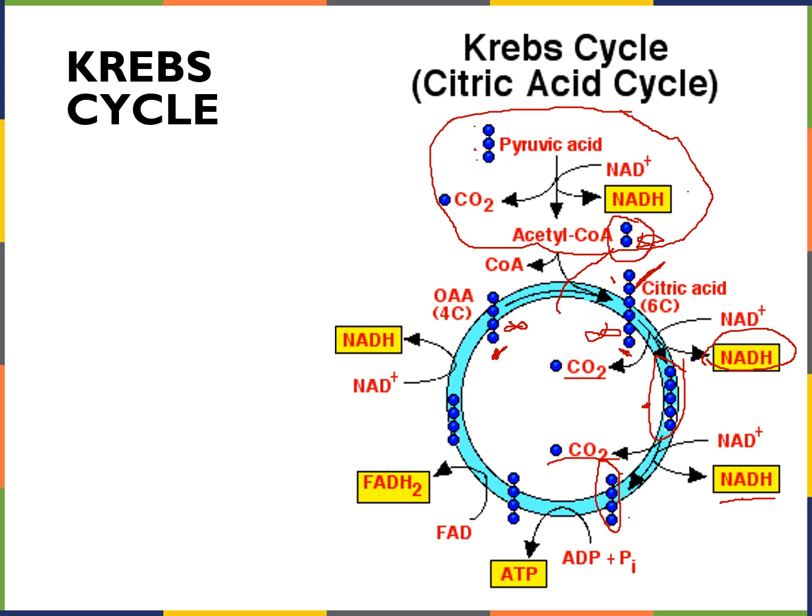4-carbon structure, we'll look at the other side. This is also a 4-carbon structure. So there were no carbons lost this time. 4-carbon went to 4-carbon. The only thing that happened here was molecular rearrangement. Some of those molecules moved around.